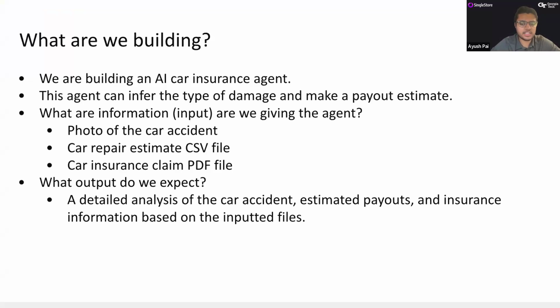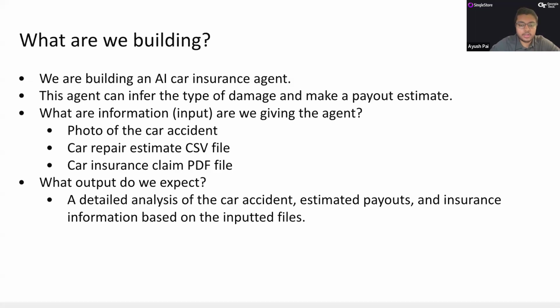From these inputs, the AI agent will generate a comprehensive output using the GPT-4 model. It will analyze the provided photograph and documents and understand the extent of the car damage, validate the repair estimates against the visual damage, and cross-reference the insurance claim details in that PDF.